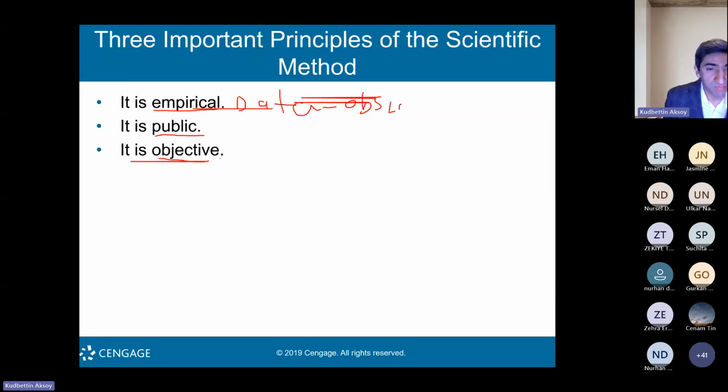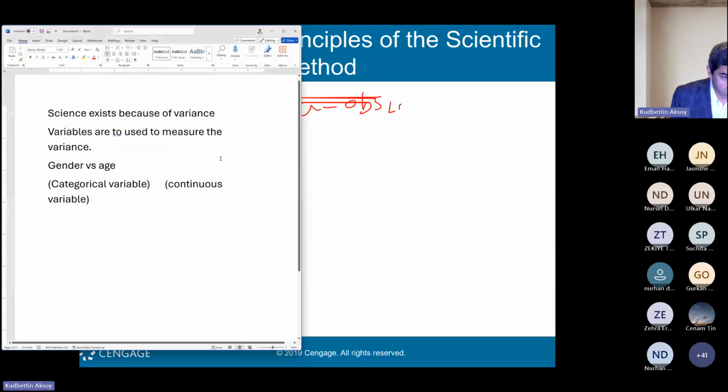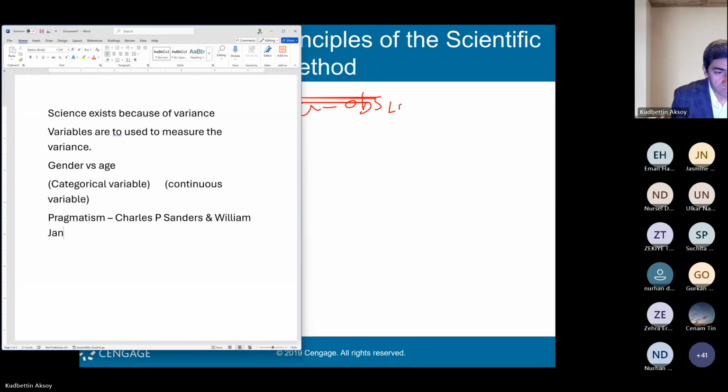And this comes from the American school of thought, pragmatism. That is Charles Sanders Peirce and William James, collectively, at Harvard University. These two American philosophers developed this philosophical school of thought, pragmatism.